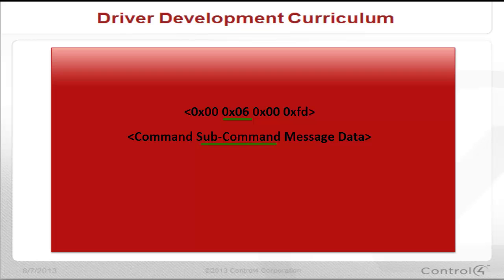Next is a subcommand that can be passed. It too is 1 byte in length, and like the command data, it can range from 0 to FC. Finally, the last piece of data includes the actual message data itself. Its valid values are 0 to FD, and its data length can range from 0 to 247 bytes.